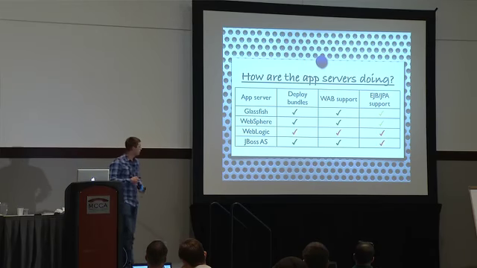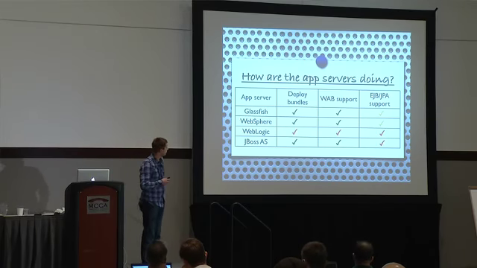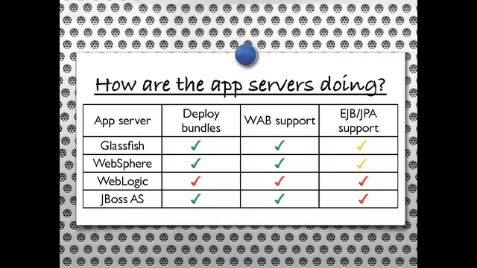If you look at the current possibilities of the application servers out there, you see that at least a lot of work is being put into it. Depending on your requirements today, that can mean that you can actually start using this today, or maybe you have to wait for a little while until we get better application server support. Green mark means that it's available, so you can start using it.